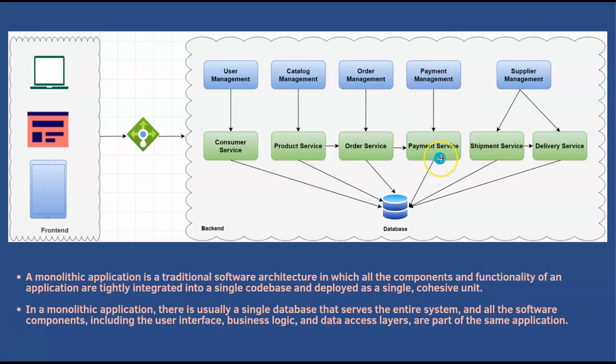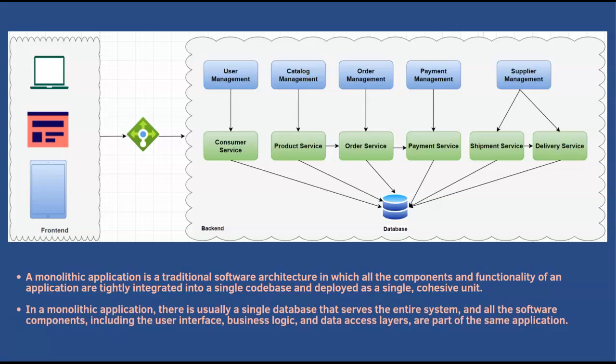Once the payment is done and the order is placed successfully, you have the supplier management module, where the shipment starts. It goes to the shipment service, and then from the shipment service it goes to the delivery service to deliver the product to the consumer.